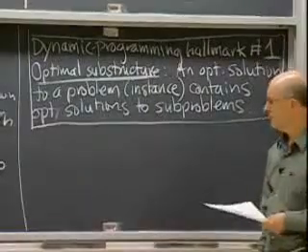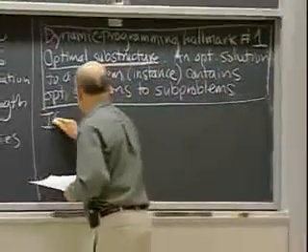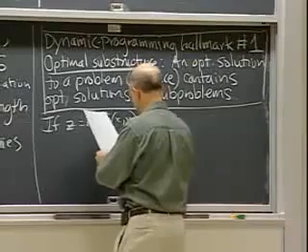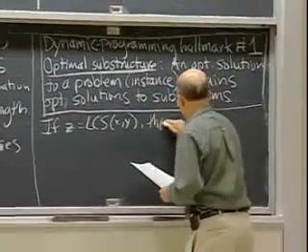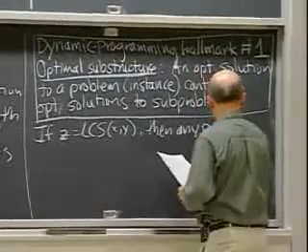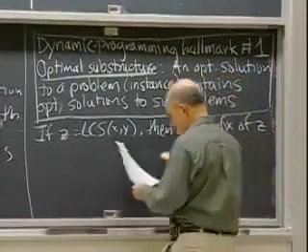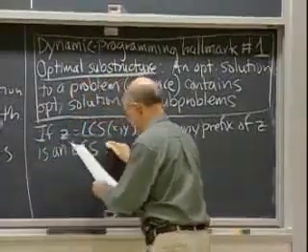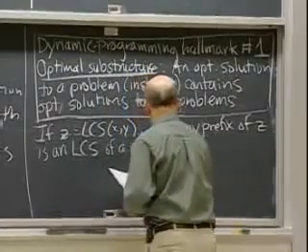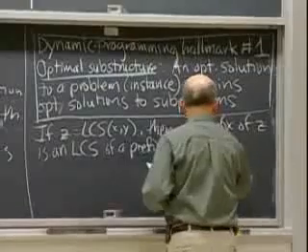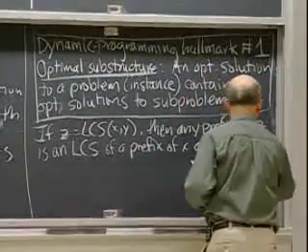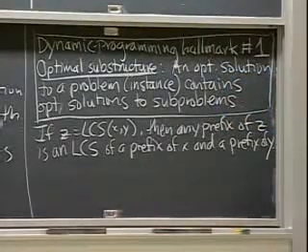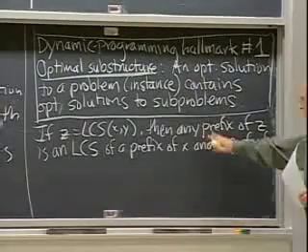So here, for example, if Z is a longest common subsequence of X and Y, then any prefix of Z is a longest common subsequence of a prefix of X and a prefix of Y. So this is basically what it says.